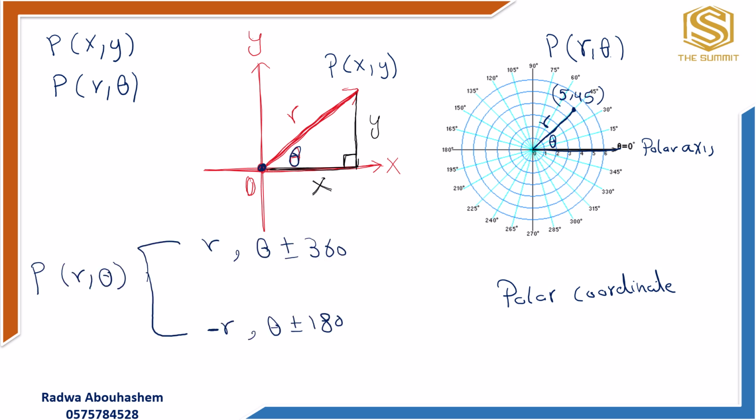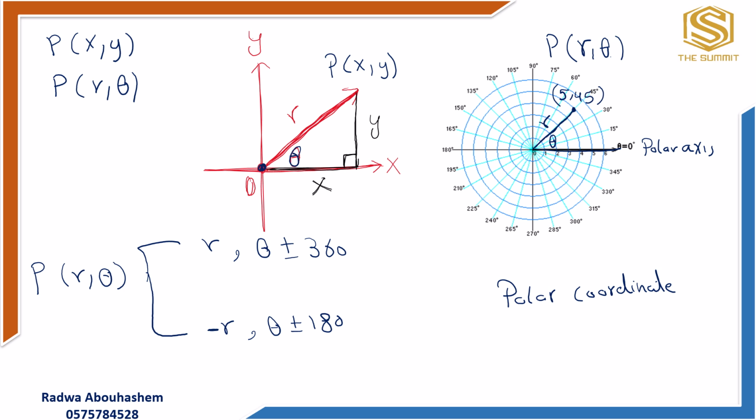You could add to theta a full rotation, 360, or subtract a full rotation, 360. Or you could flip the direction of the radius and add to the theta 180 or subtract 180 or its multiple. And it has to be an odd multiple, which means what is the odd multiple of 180?